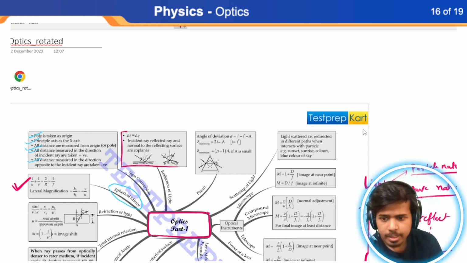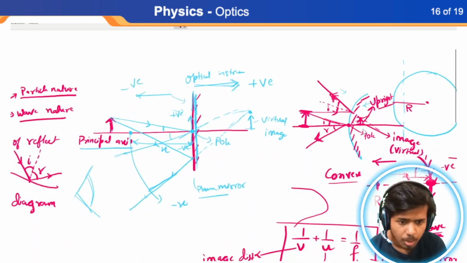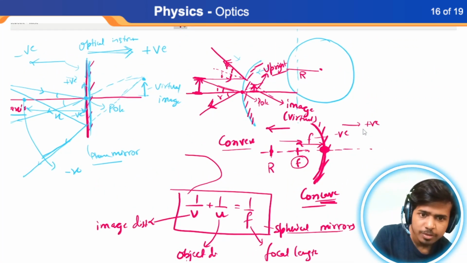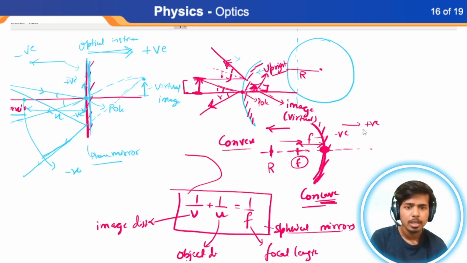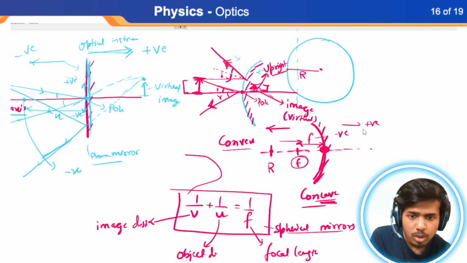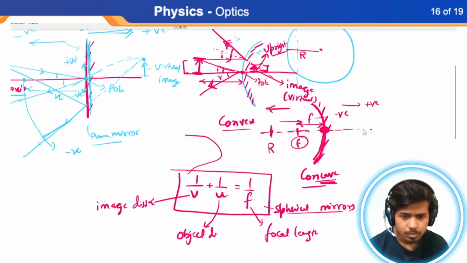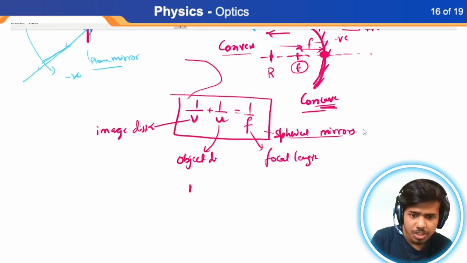All right, and see, the object as we had drawn in this particular ray diagram, it was a bigger object and the image formed smaller. In other cases, depending on what is the distance of the object from the mirror, it may appear bigger or even smaller. So magnification is equal to minus v by u.